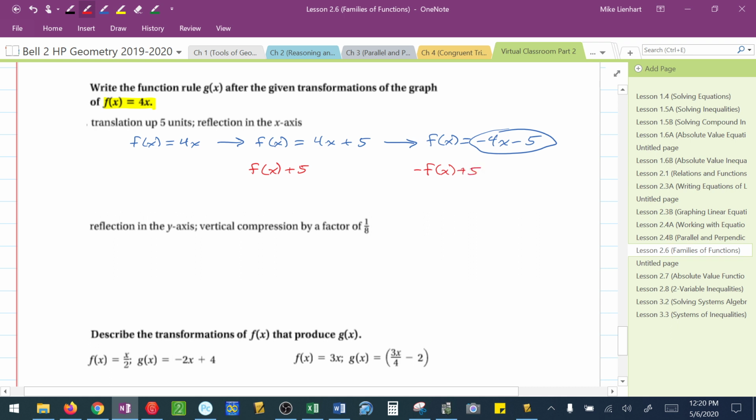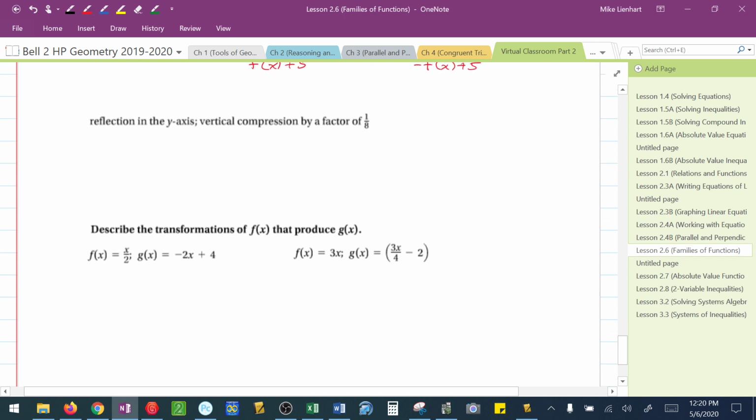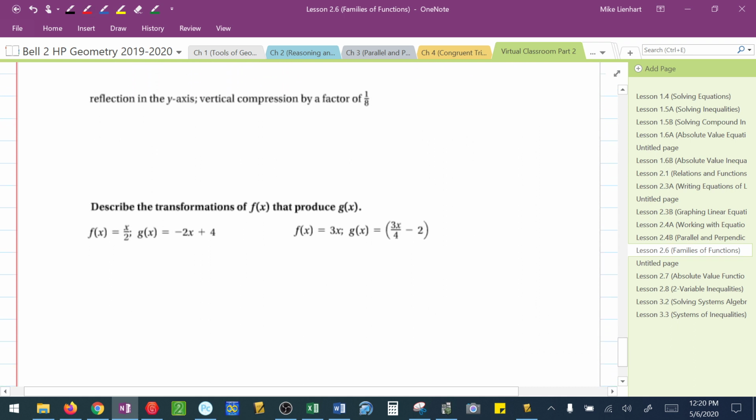All right, let's try this one. What if I take that same parent, f of x is equal to 4x, and I want to vertically compress it by a factor of 1/8. Okay, so if I vertically compress it, then this is going to become 1/8 times 4x.